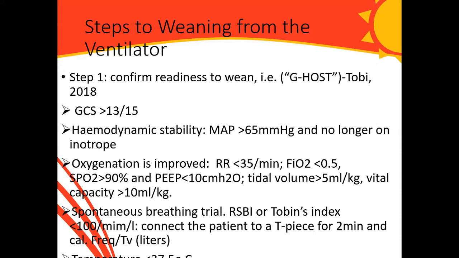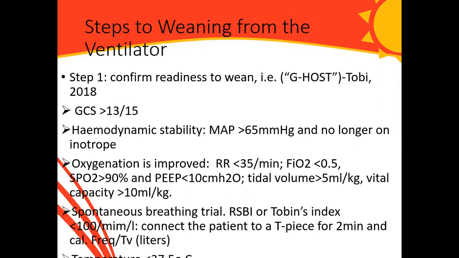And it's so easy to do. You connect the patient to a T-piece for 2 minutes and you calculate the frequency over the tidal volume in liters. Sometimes you can give an allowance of between 10 to 20 in the Tobin's index. Sometimes a higher Tobin's index does not mean the patient cannot be weaned off ventilation.